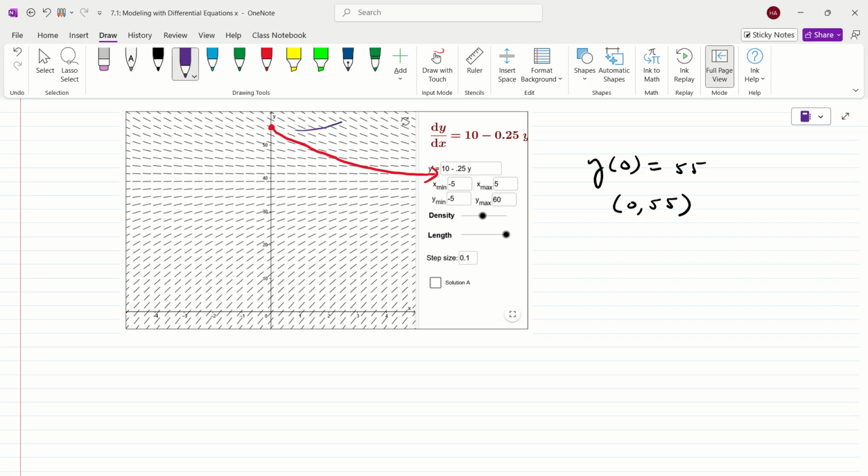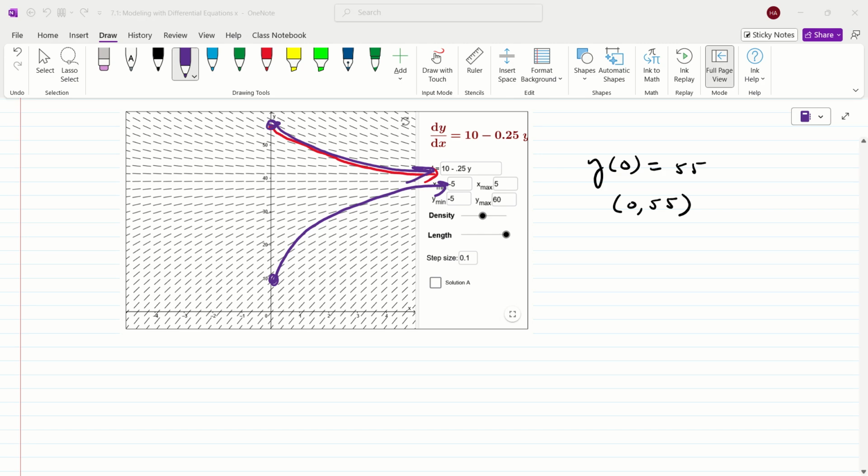The amount of morphine in his body isn't increasing, it actually goes down. And it starts leveling out to that same 40 milligrams total. So whether you start down here, it's going to go up to 40, or you start up there, it's going to go down to 40.